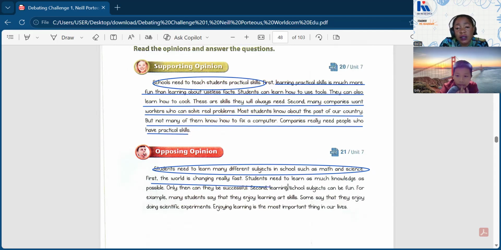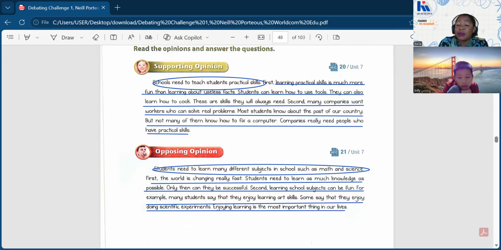And this is the supporting idea in the opposing opinion. Do you understand, Billy? Yes.